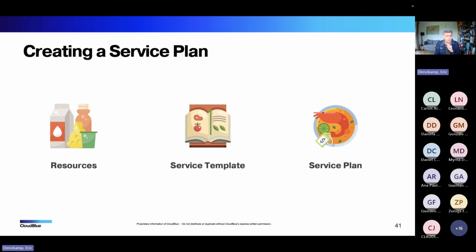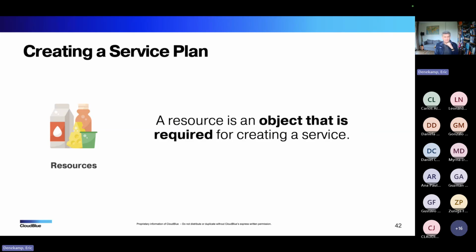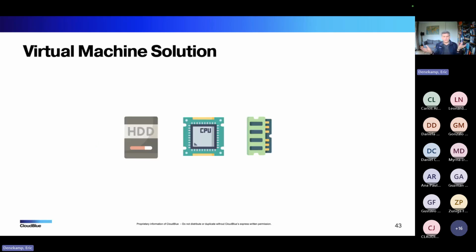And then we've got the service plan eventually. That is the dish that we're selling through the platform. The quantities, prices, etc. So a resource is an object that is required for creating a service. For a virtual machine solution, that could, for instance, be storage, CPU, memory, etc.